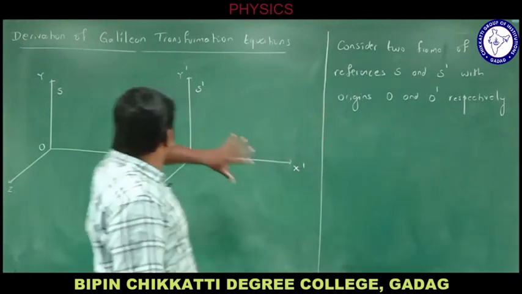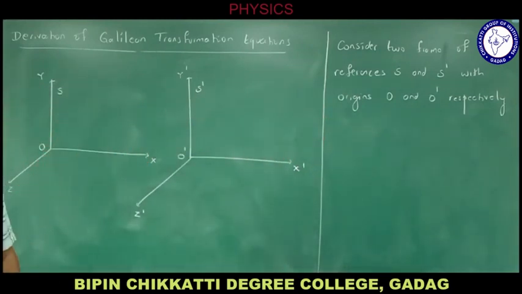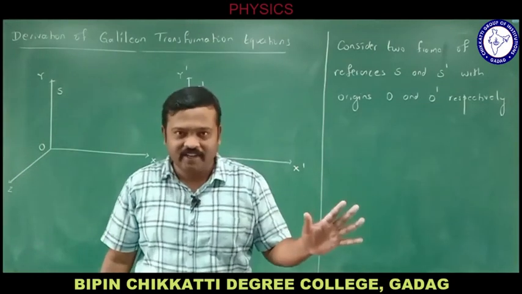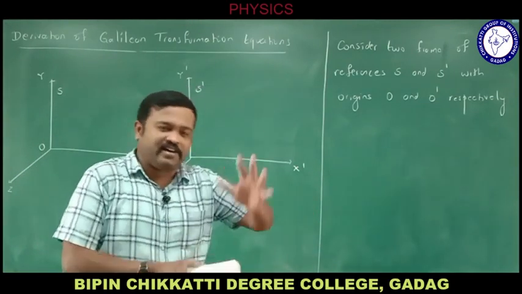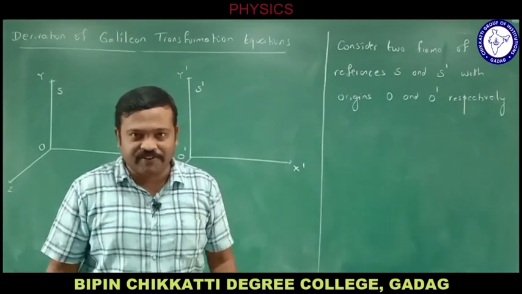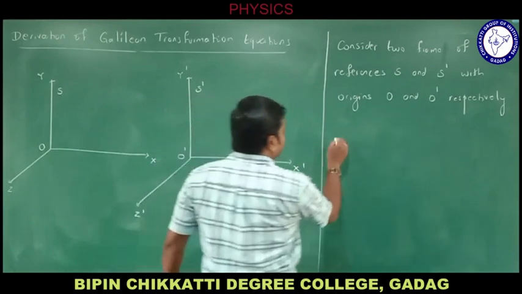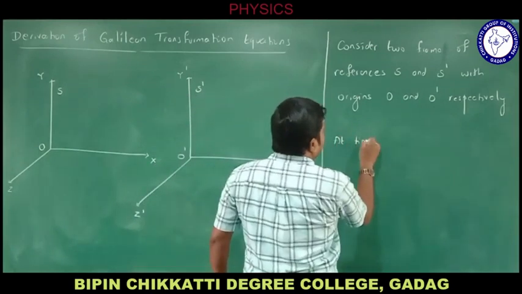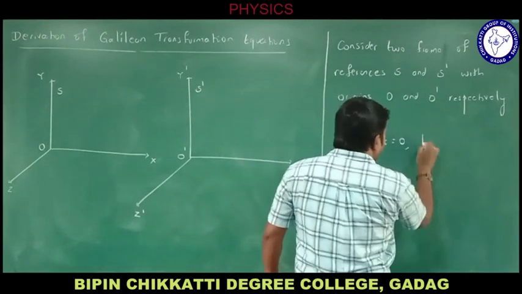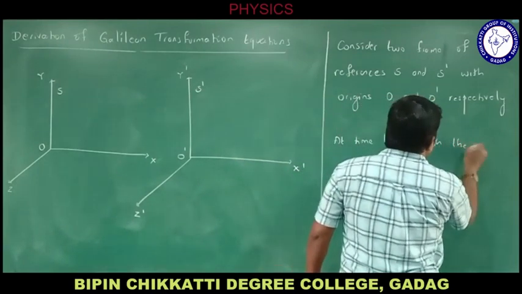Now these two are the frames. Let me consider one frame is at rest and another frame is moving. Before that, let me consider both frames are at rest at the initial time.